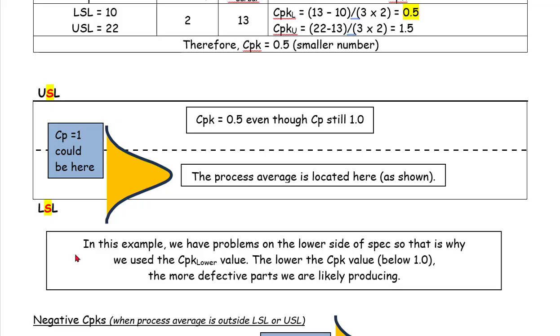The lower the CPK value below 1.0, the more defective parts we are likely producing. The 1.5 would try to send us over here, but we don't have a problem here. Our problem is here, which is with the lower CPK value, so that's why you always take the lower one.